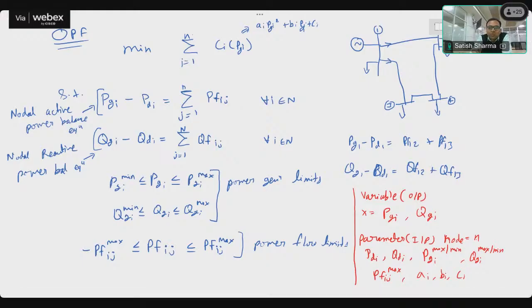And for all of those nodes we will get the pdi and qdi as a parameter. And if some generations are there, then pgi and qgi will also be known to us. Anything else which is missing? Can you solve this particular problem? The answer is yes or no.